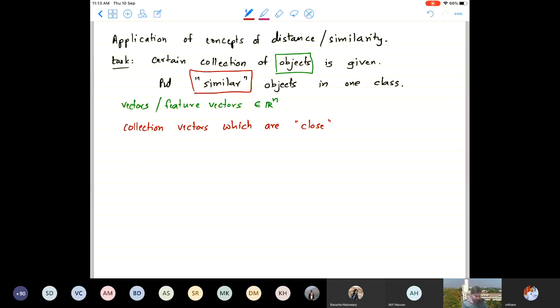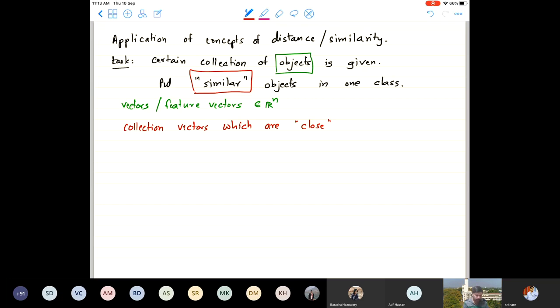So let's get back to this collection of vectors which are close. What is the collection of vectors that are close? Close means some distance concept or some similarity concept has to come into the picture. Similarity will be in terms of distance, and distance will be in terms of the norm that we have already defined. What distance I am talking of depends on the different applications.